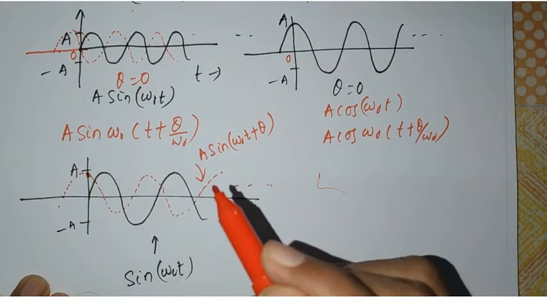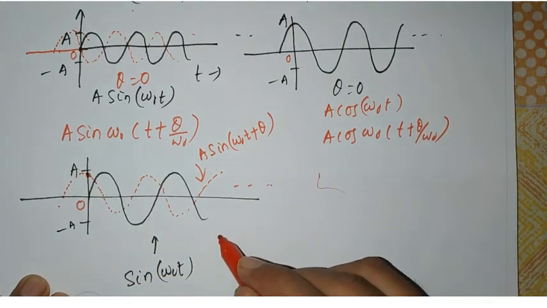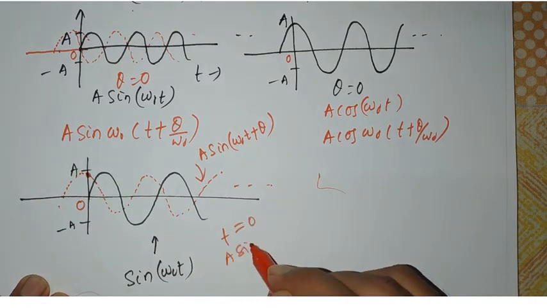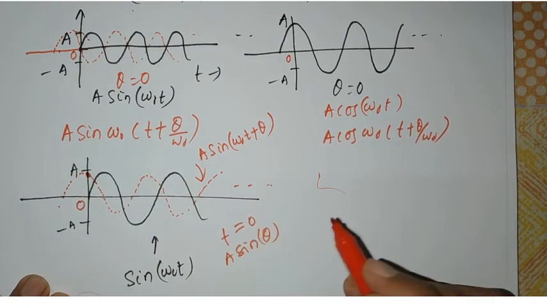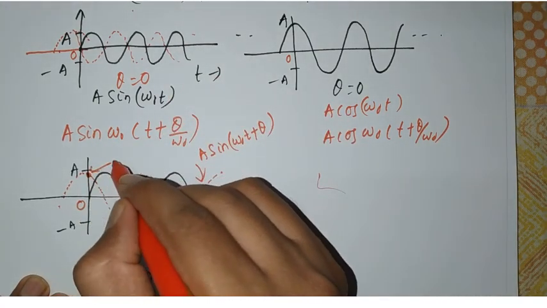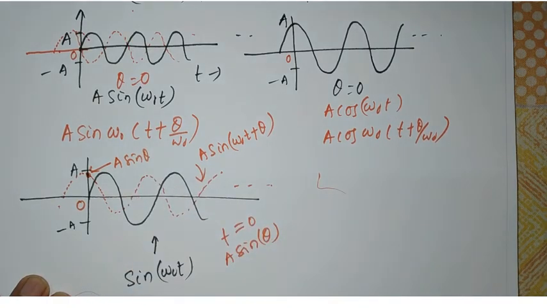And what is this value? Exactly, at t equals 0, if you simply put t equals 0, it is A sine of theta. So this value is A sine theta, not A, okay.